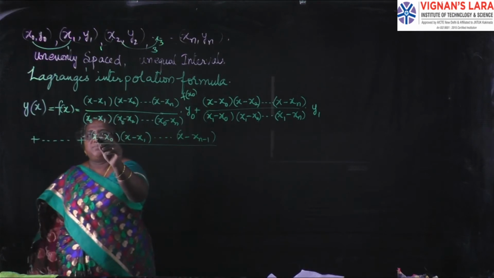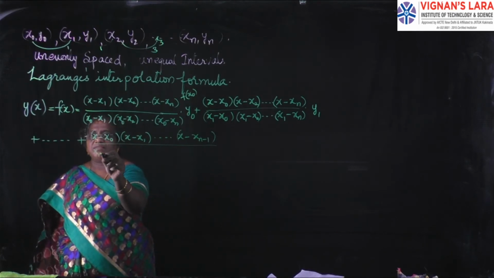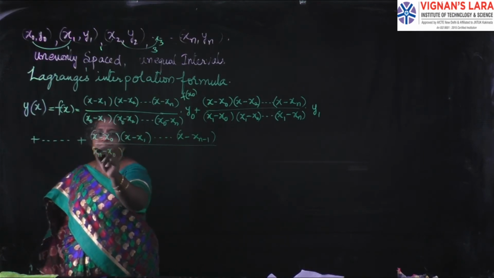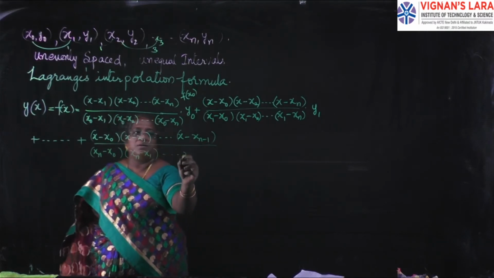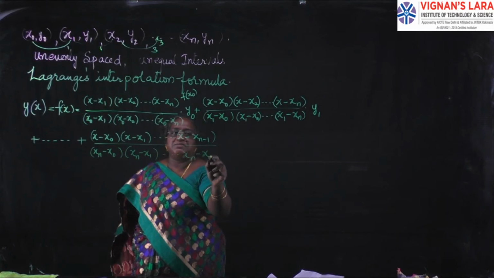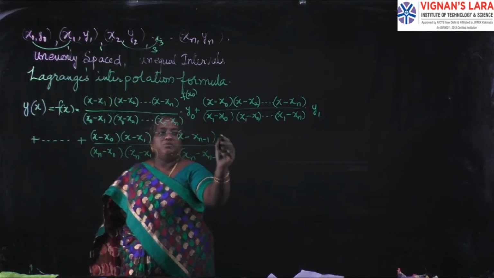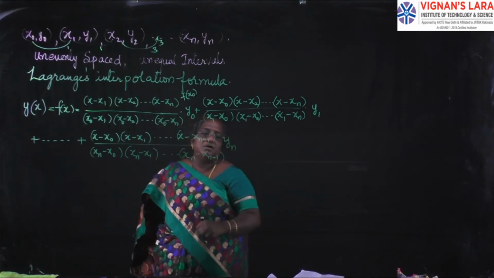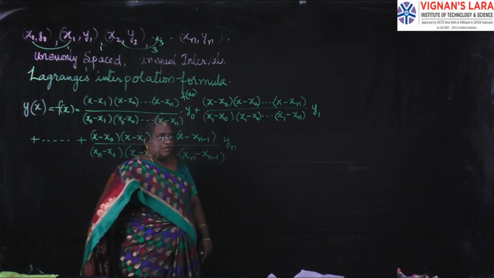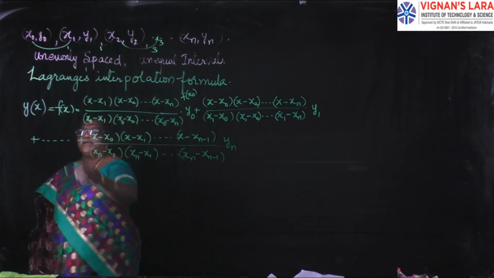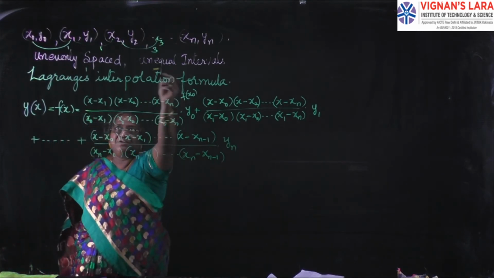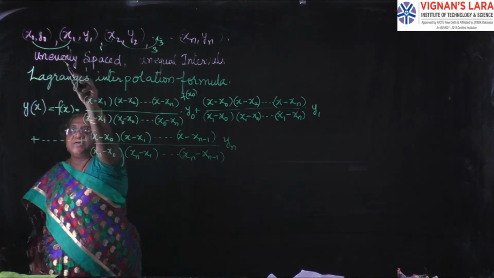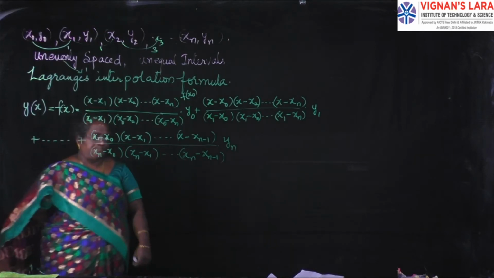That appears in place of x in the denominator. xn minus x0, xn minus x1, and so on, xn minus xn minus 1 into yn, or yn you can also write as f of xn. This is Lagrange's interpolation formula, which is used for unequal intervals or points which are unevenly spaced.